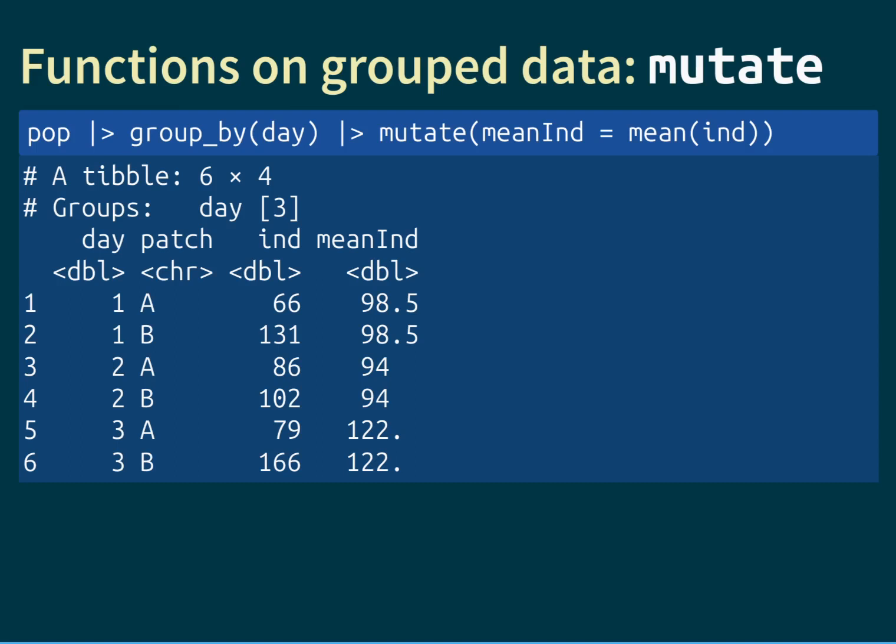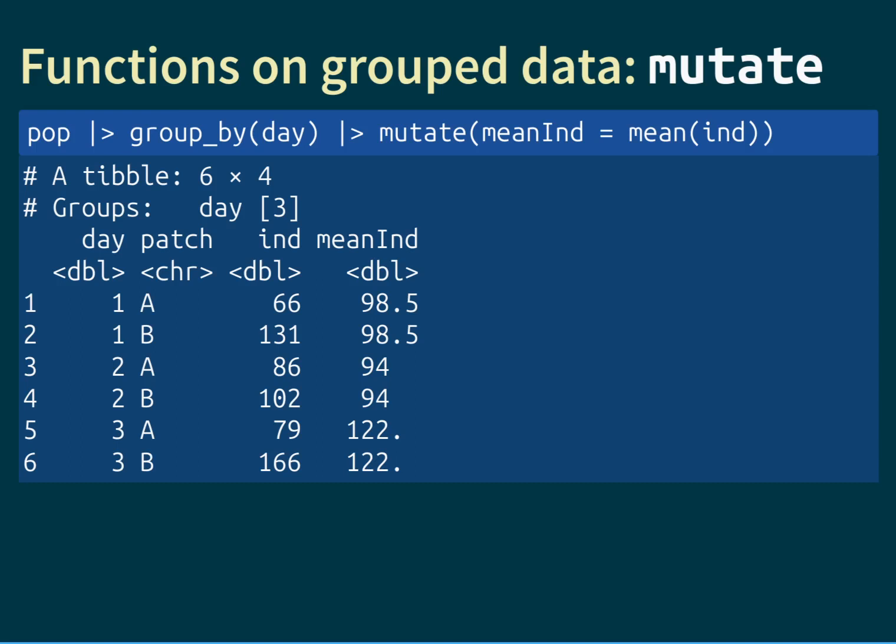And then the same holds for day 2 and day 3. In day 2, the average is 94, and day 3, the average is 122. So as you can see, the behavior of the mutate function depends on whether it is acting on grouped data or not.